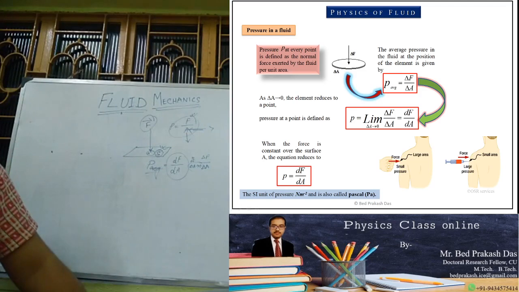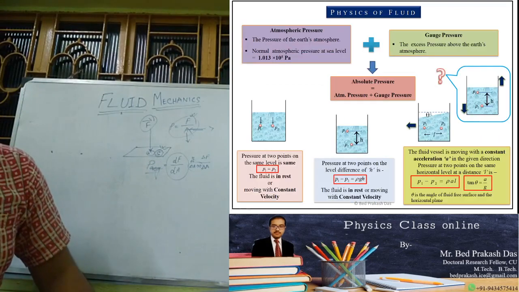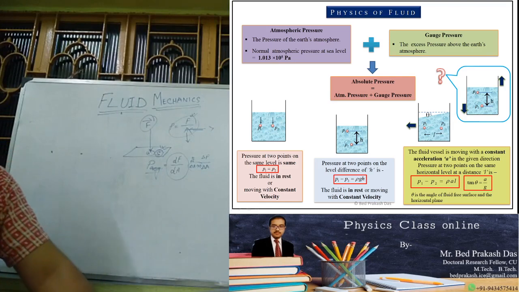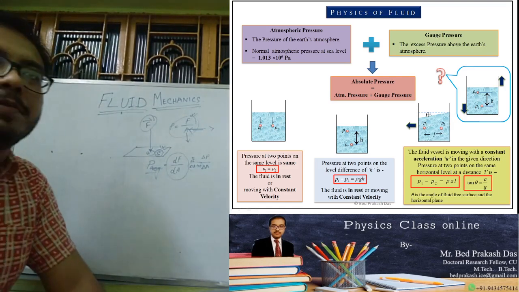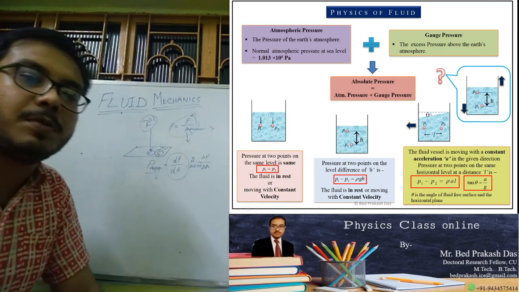Now, after the specific definition of pressure, we move to two different types of pressure: atmospheric pressure and gauge pressure. We have to know these two terms very specifically.